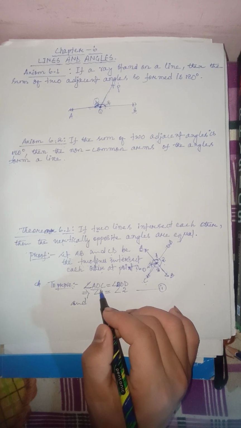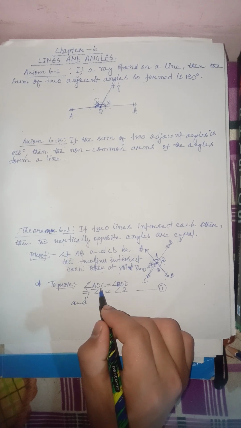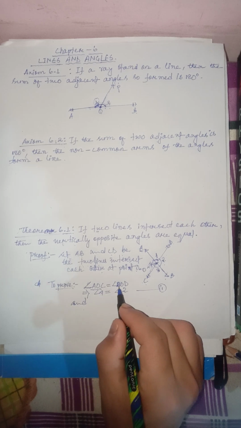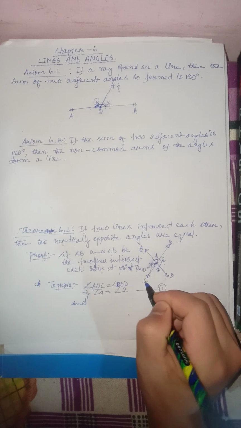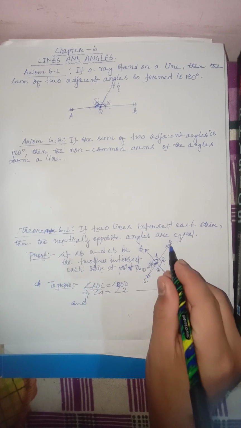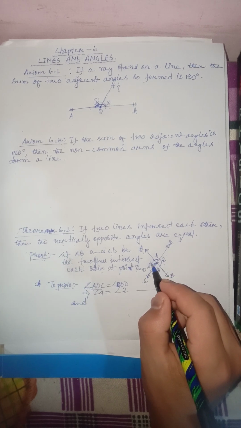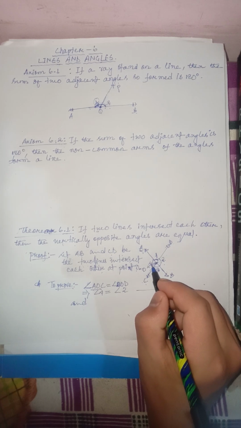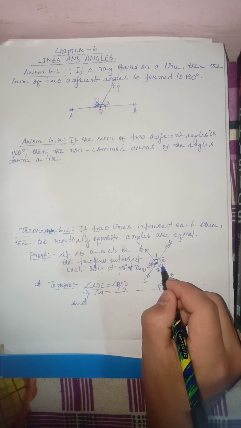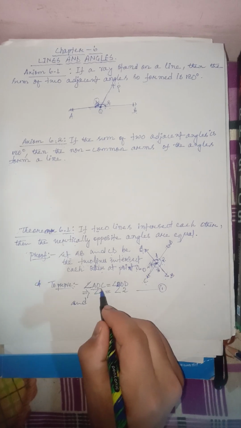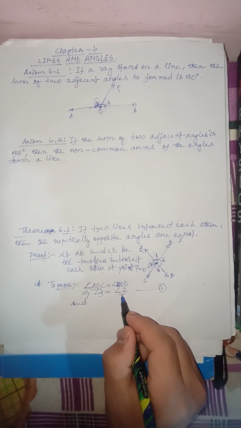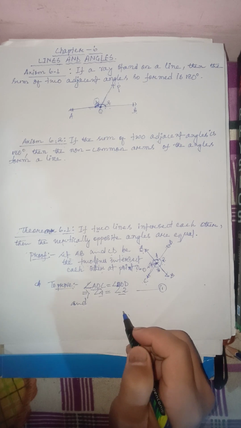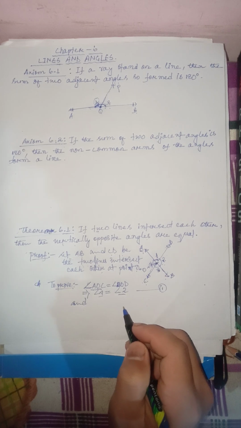The first one is angle AOC equal to angle BOD. What is the angle AOC? It is 4, and in the case of BOD we have 2. So just replace them so that our calculations and the proof in the next step will be much easier, right?